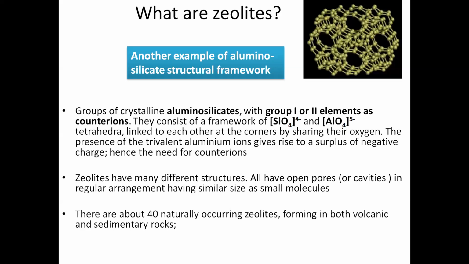Here again, we have to have counterions because of the way the silicon and aluminum polyhedra are arranged. You should remember that there is a big difference between clays and zeolites. In zeolites, silicon and aluminum both are in tetrahedral sites, whereas in clays, only silicon is in tetrahedral sites, whereas aluminum is in octahedral sites.